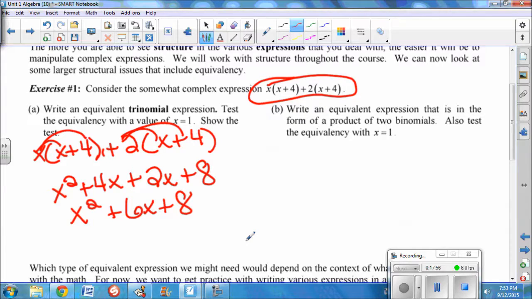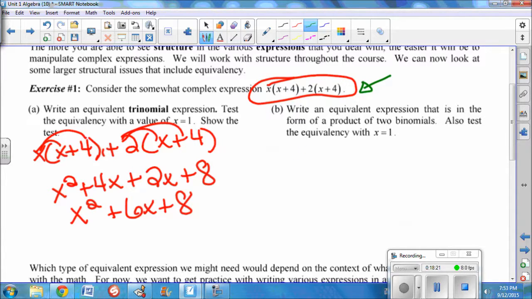It says, write an equivalent expression that is in the form of the product of 2 binomials. Also test the equivalency. Well, what are they talking about there? Write an equivalent expression that is in the form of the product of 2 binomials. So they're saying go with that original expression, this one right here.